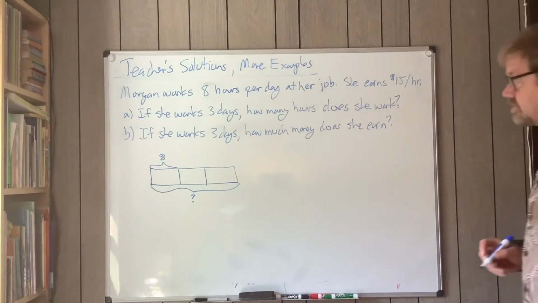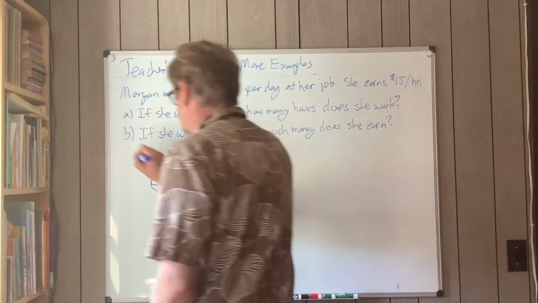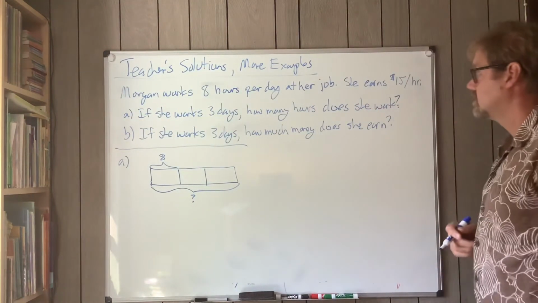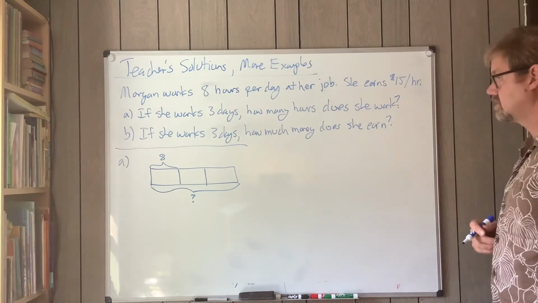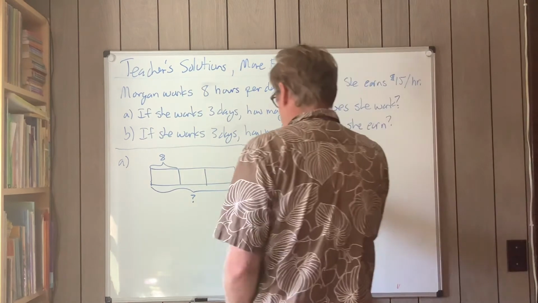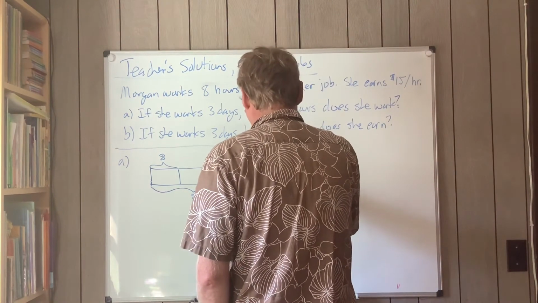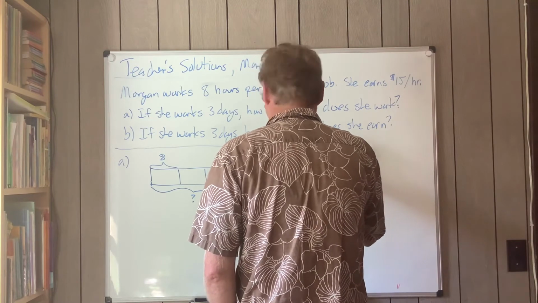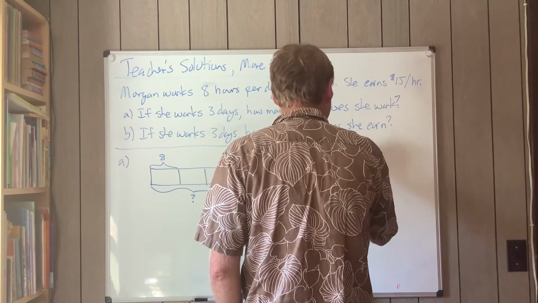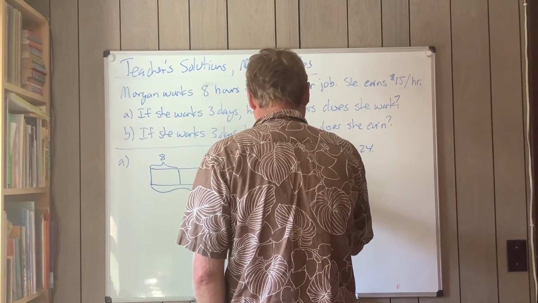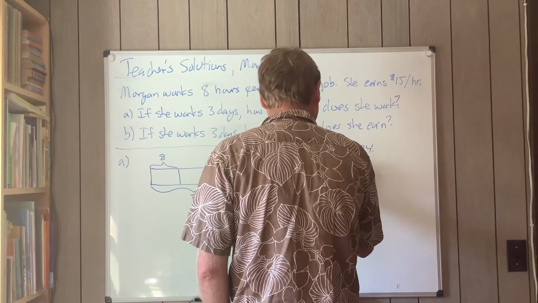Right, so this is for part A. So hours worked equals 3 times 8 equals 24. She works 24 hours.